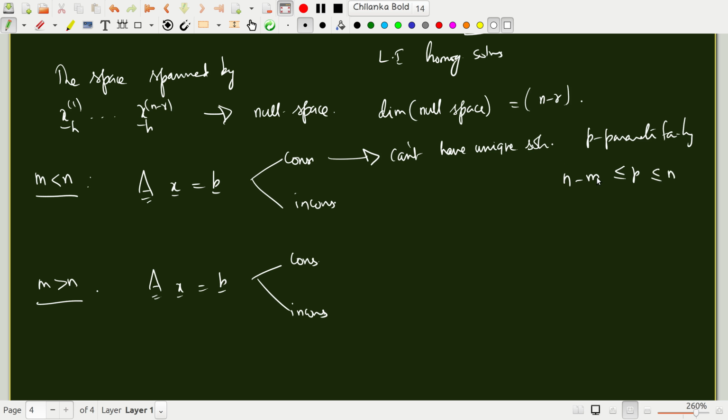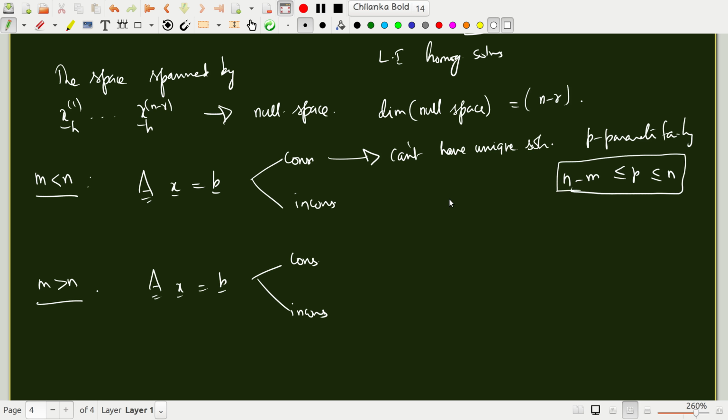If n is equal to m, p goes from 0 to n, otherwise it goes from n minus m to n. So this is the value that p can take in general.